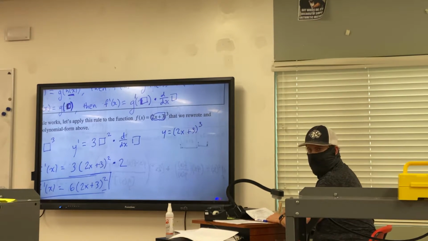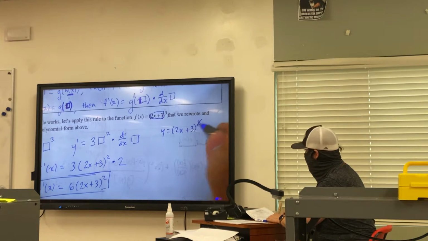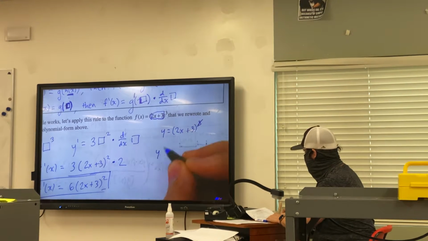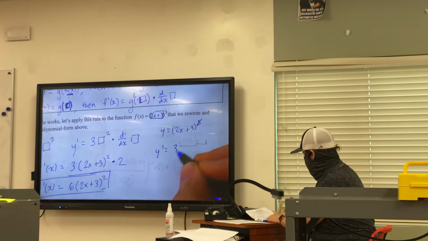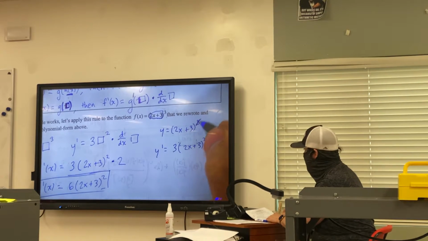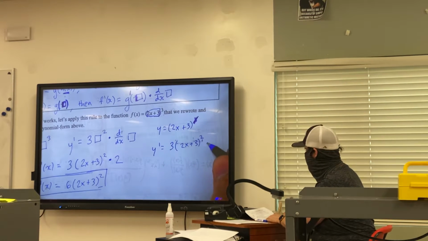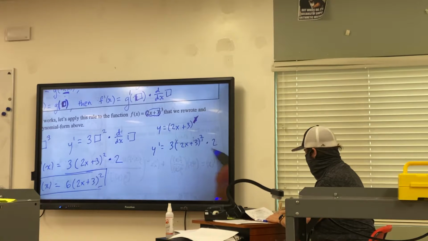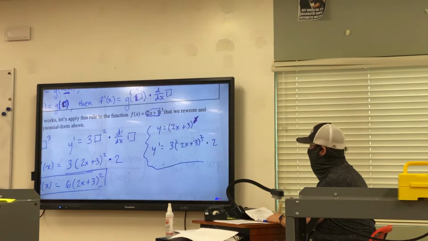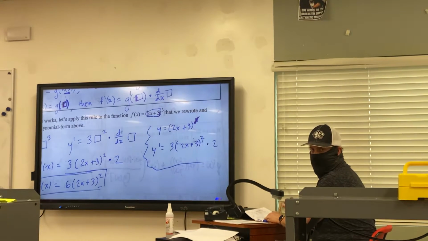The cubed. So I cross out the cube and then do that derivative. What's the derivative of something cubed? 3 times something squared. Now, see how I crossed it out? Now I did the derivative of the next inside, times 2. So that's another way to think of it, just working outside in.